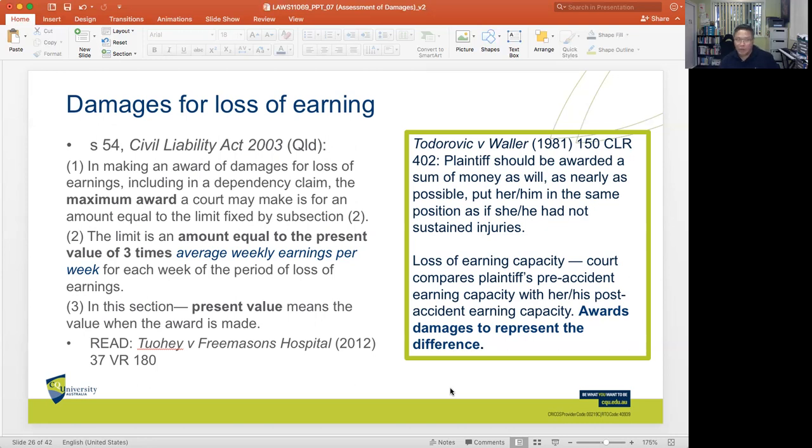Now, I've actually read the case of Toohey versus Freemasons Hospital, which is a long case. This involved an engineer who was earning about $10,000 a week. Can you imagine the kind of income?